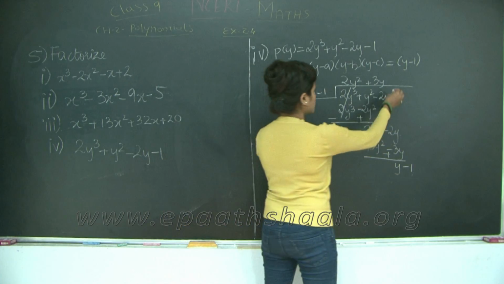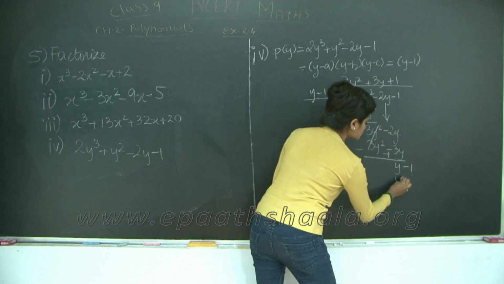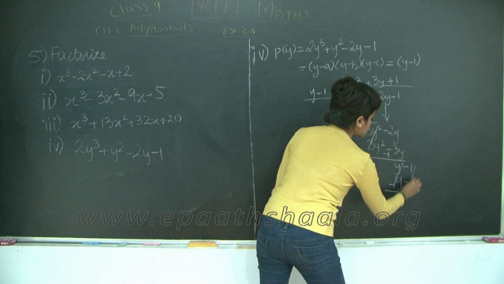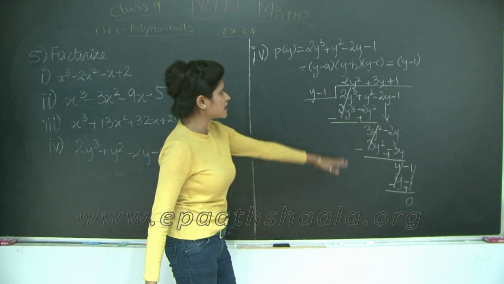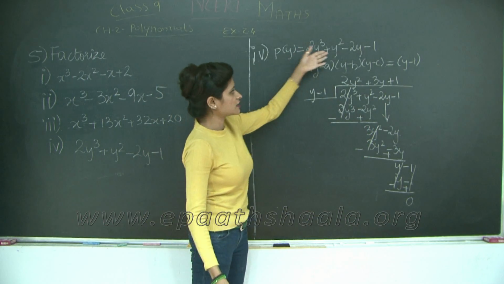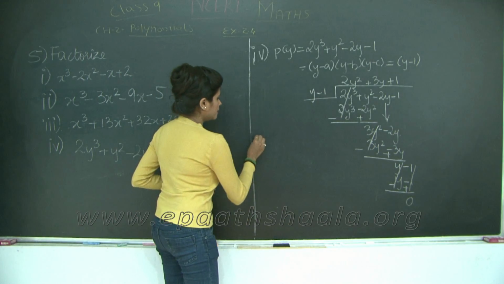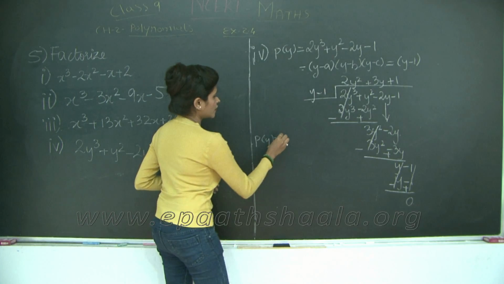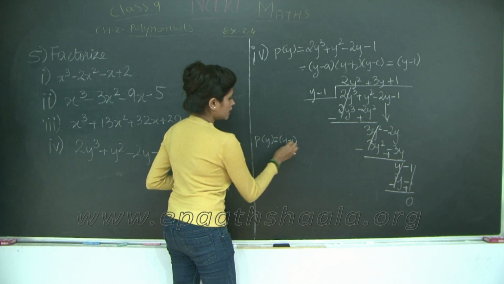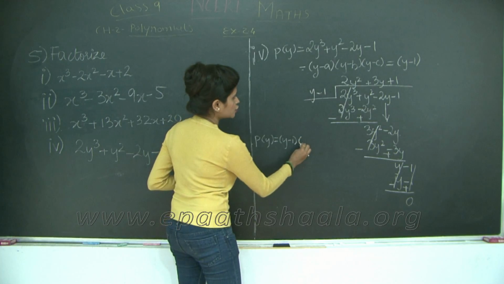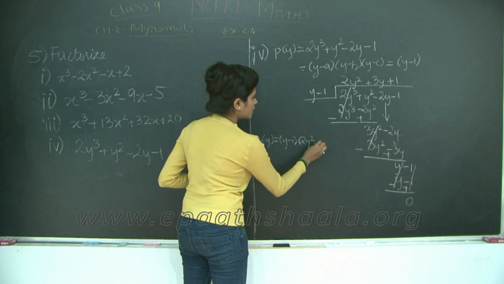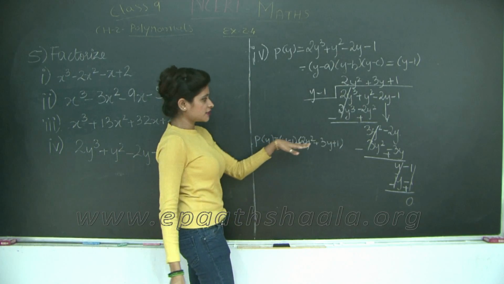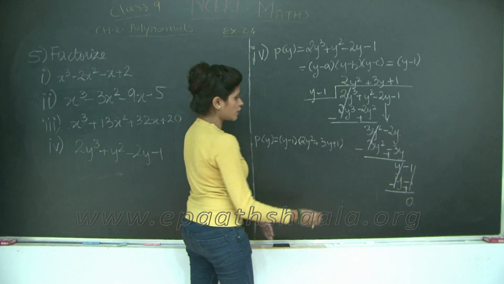It is 1. So plus 1. Minus and plus 0. Thus we got 0 as the remainder, because obviously y minus 1 was a factor of this. So now p(y) can be further rewritten as y minus 1, so dividend is equal to divisor into quotient 2y square plus 3y plus 1. Dividend is equal to divisor into quotient plus remainder. Remainder is 0, so we are not writing it.